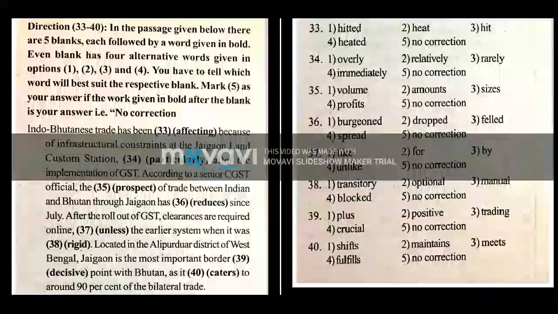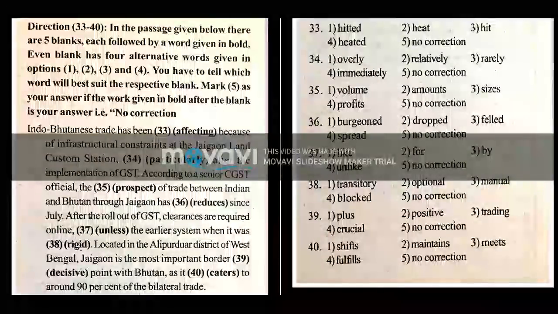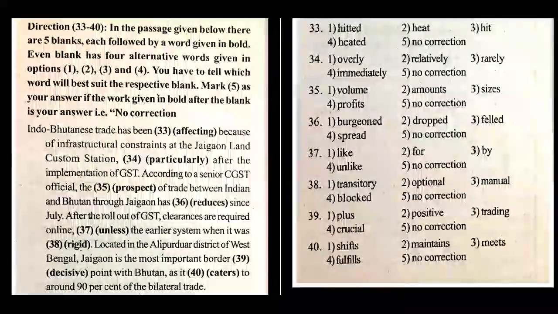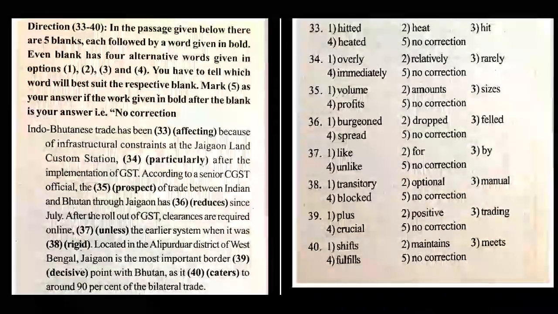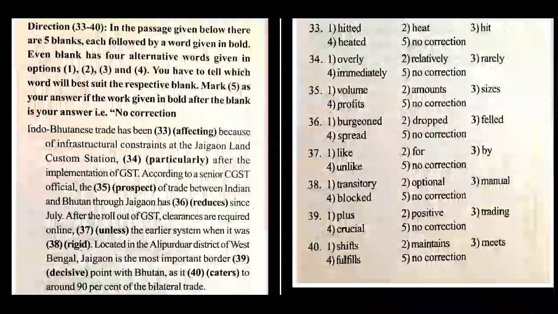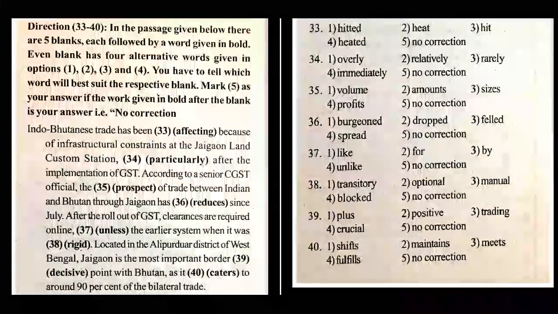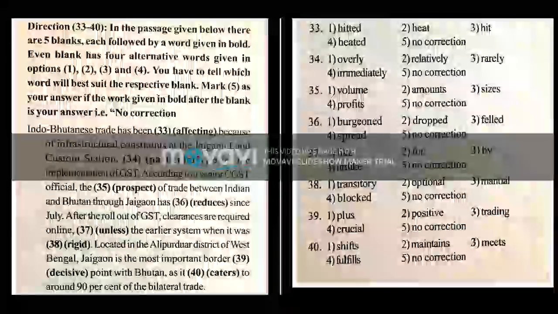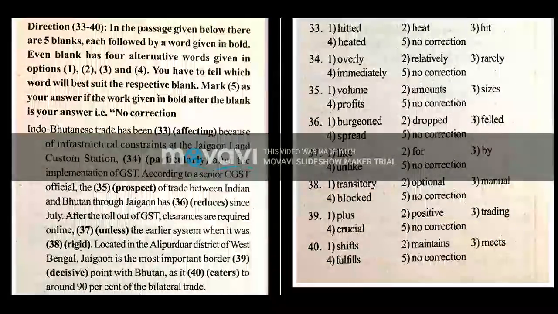So here infrastructural constraints is a noun phrase, and if you omit infrastructural, then we have only one word, that is constraints in the context. And infrastructural constraints function as a noun phrase.